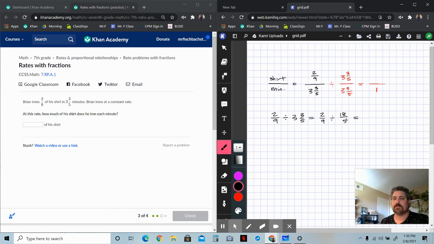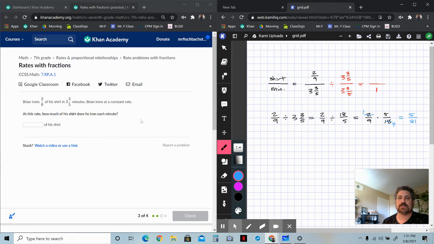So dividing by 18/5 is the same as multiplying by the reciprocal of that. So this is the same as 2/9 times 5/18. And then at that point, you can cancel the 2 and the 18, divide both by 2. 2 divided by 2 is 1, and 18 divided by 2 is 9. And then 1 times 5 is 5, and 9 times 9 is 81.